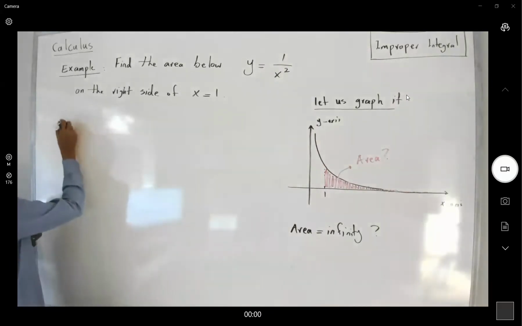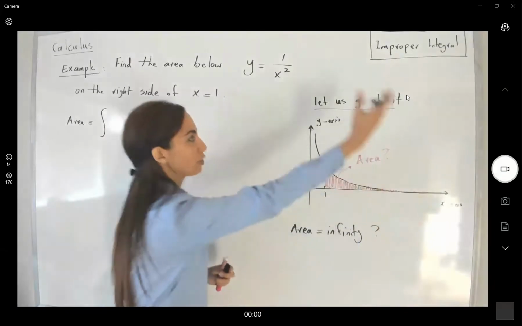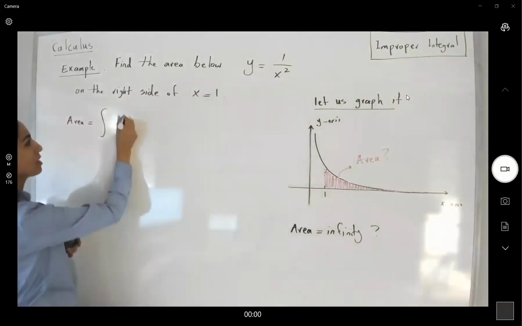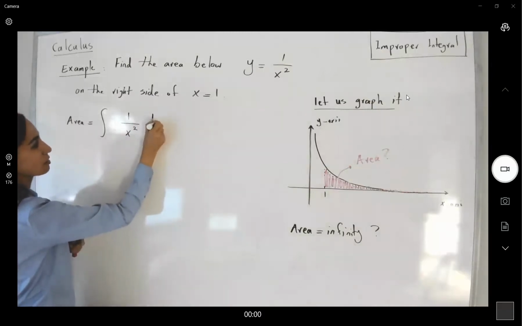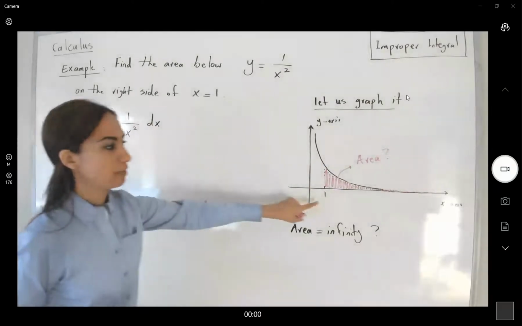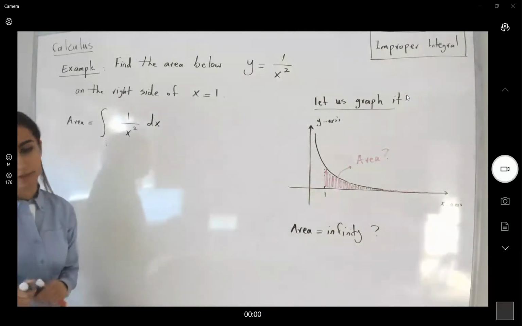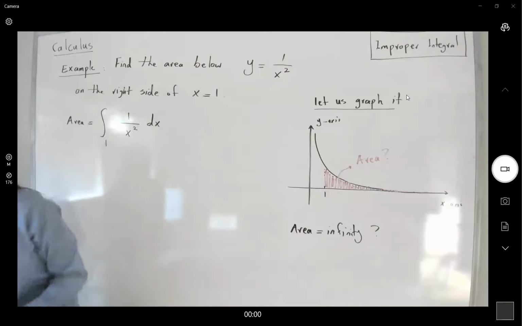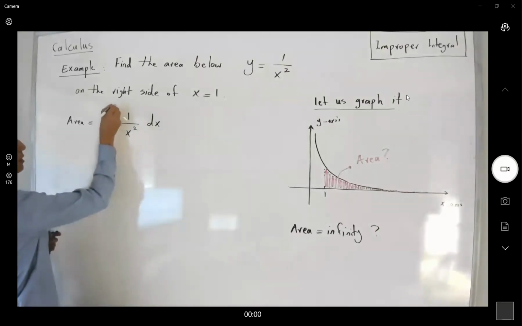We know that the area is equal to the integral of 1 over x squared dx, since we are taking the integral with respect to variable x. On the left-hand side we have 1, and on the right-hand side we have infinity.